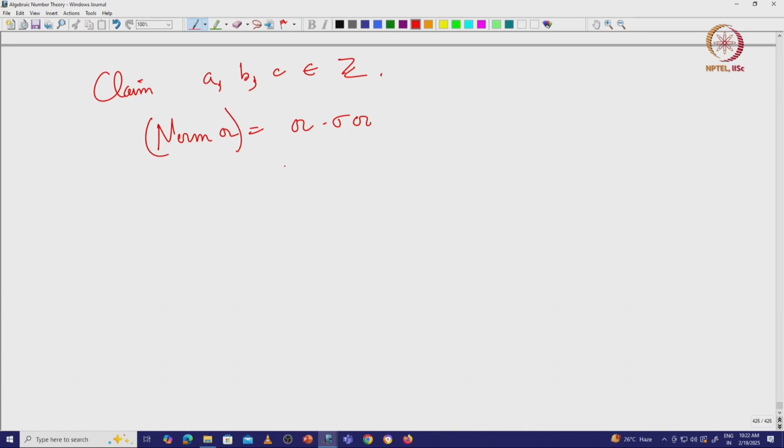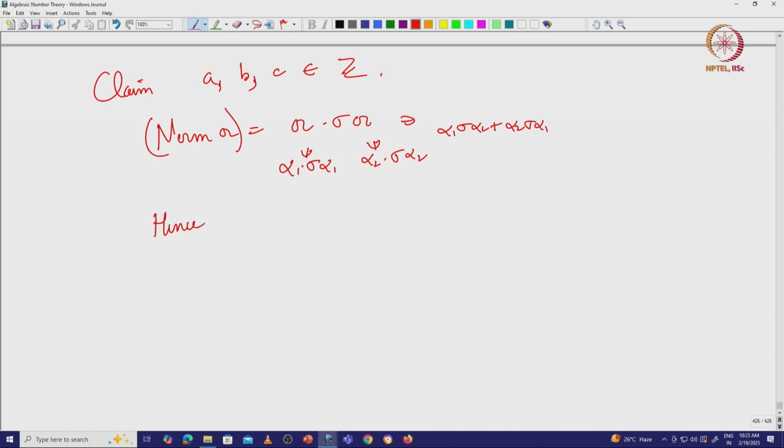Now, alpha 1 sigma alpha 1 is in here, alpha 2 sigma alpha 2 is in here. But what is the product of two ideals? You take the product of all possible elements, first one from the first, second one from the second, and then take the sum of all these things. So alpha 1 sigma alpha 2 plus alpha 2 sigma alpha 1 is also inside this.